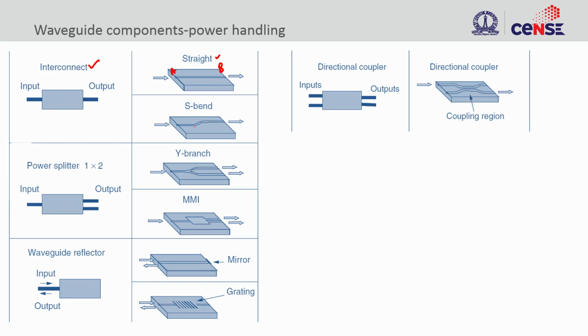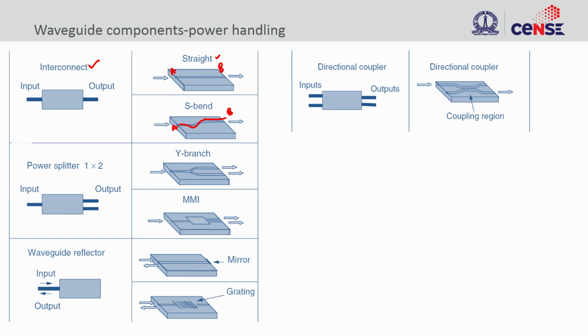Instead of going straight, you can take a bend here, and you can still reach point B from point A. Unlike free space, guided wave optics allows you to bend the waveguide provided the bending radius is within the limit, and we should be able to transport light from point A to point B without any loss. This is a very simple configuration, just the basic configuration of a waveguide.